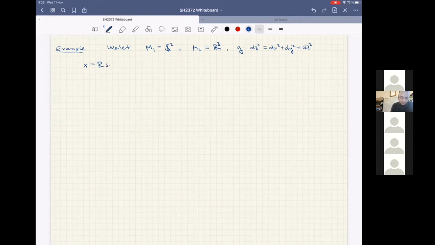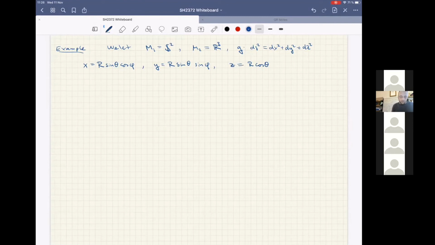So x is r sine theta cosine phi, y is r sine theta sine phi, and z is r cosine theta. This is the standard embedding of a sphere of radius r into R3. So the question is, what is the line element on the sphere that is induced by this?